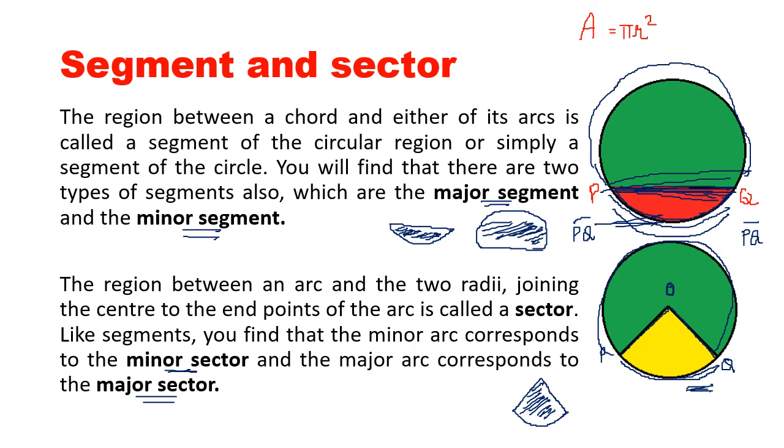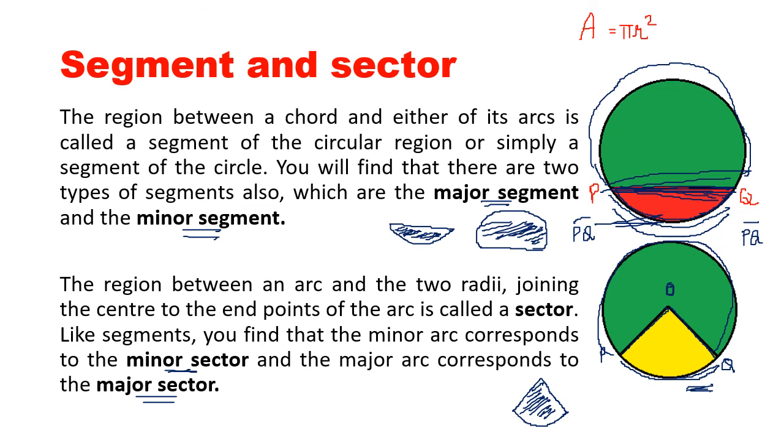Just understand what we have done: what a circle is, which are the points on the circle, what is the interior of the circle, what is the exterior of the circle. Then we saw what is the chord, what is the diameter, and that the length of the diameter is twice the radius. Then we did the arc. Remember, a broken piece of bangle is in the shape of an arc.